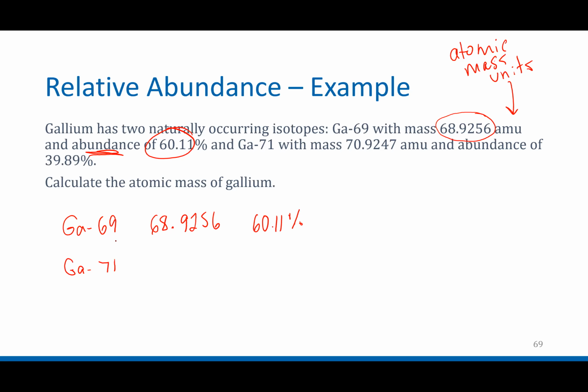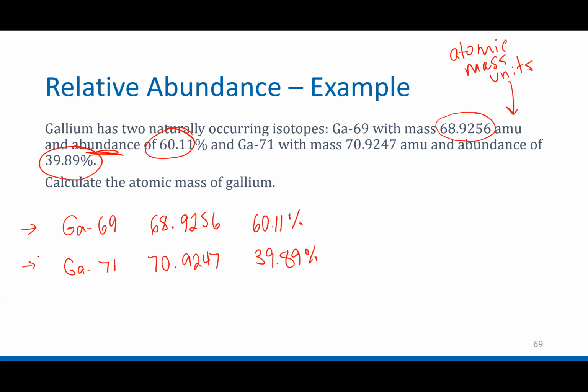Okay, so gallium-71 is 70.9247, and it has an abundance of 39.89. Okay, so watch how easy this is. And I wrote it like this for a reason.